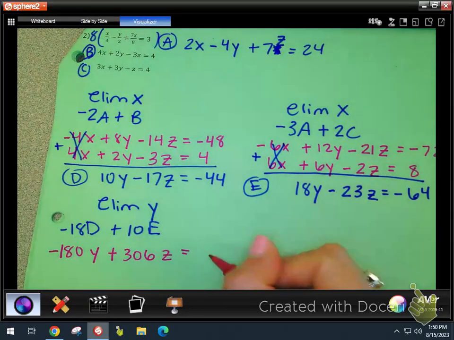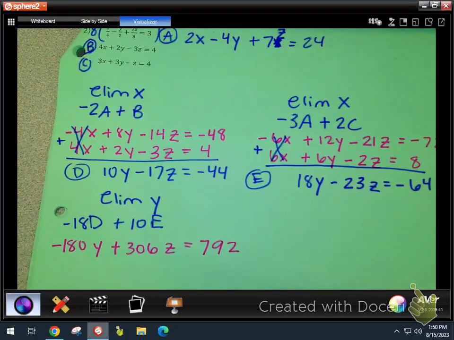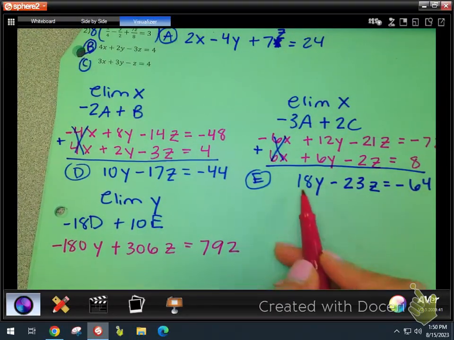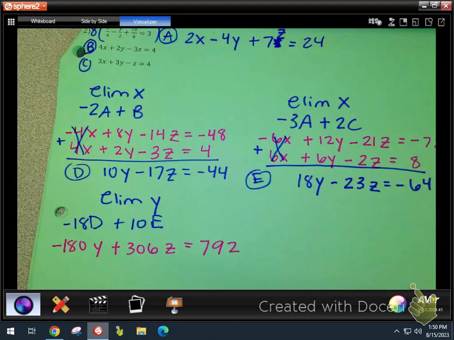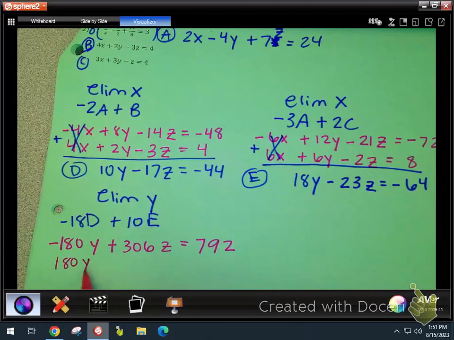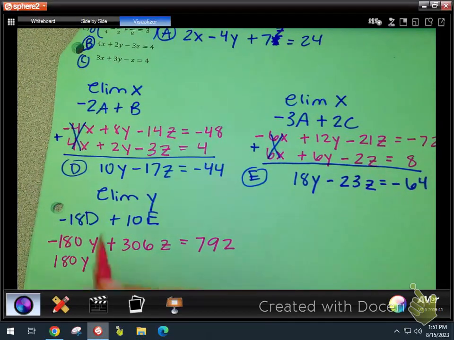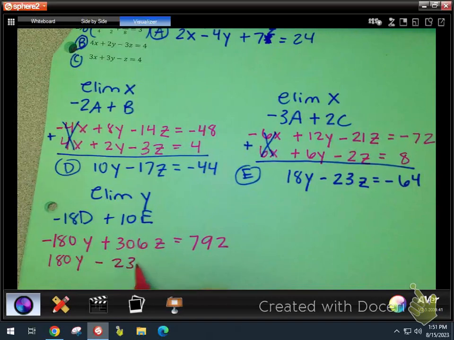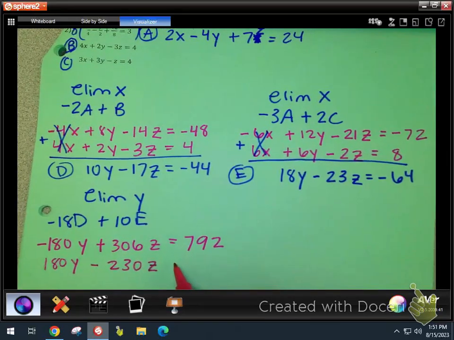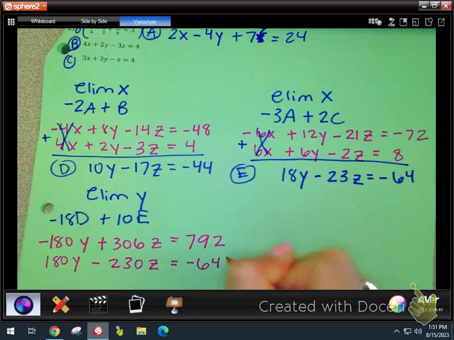Oh, dear. 792. All right, and then E we have to multiply by 10. So we have 180y. The numbers are just getting really big, and it's just because we should have started with y, but that's okay. There's a lot. Okay, all right, and then so we got minus 230z, negative 640.